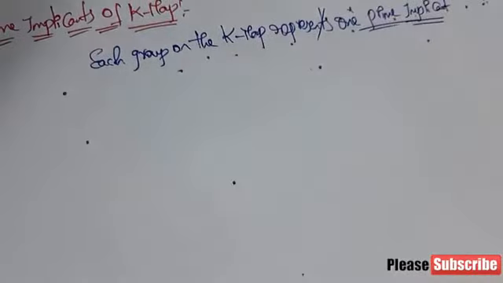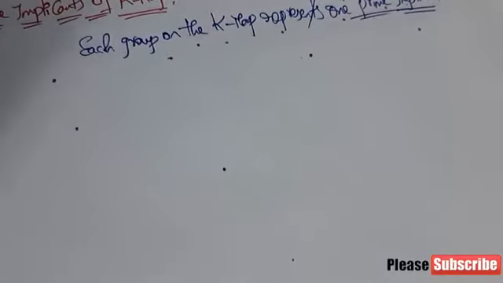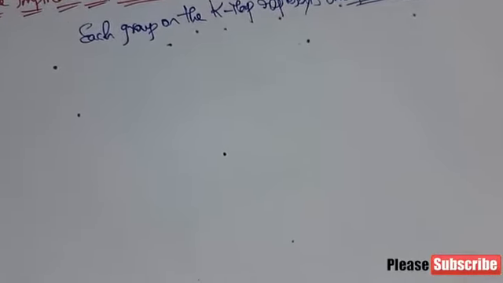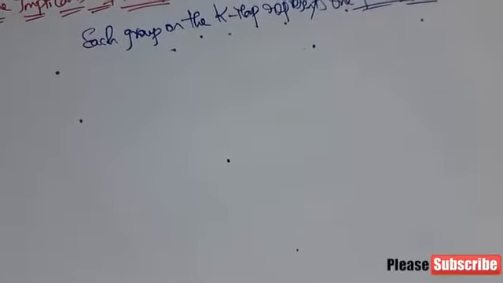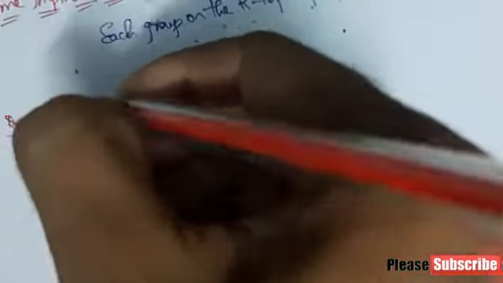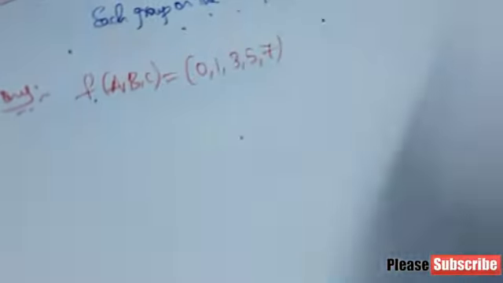Let's see one example, then you will understand the prime implicants. Suppose I take a Boolean expression using the K-map, f of a, b, c, three variables, with minterms 0, 1, 3, 5, 7.